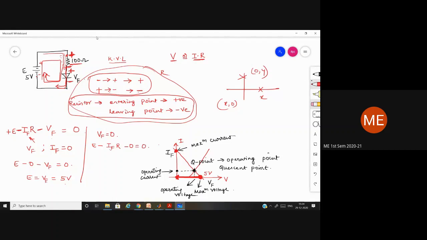I want the equation for If. So If will be equal to E by R. This is E by R, this point. So by using this formula, you'll find this point, and by using the other, you'll find this point, and you are going to join them. This is how you are going to find the DC load line.